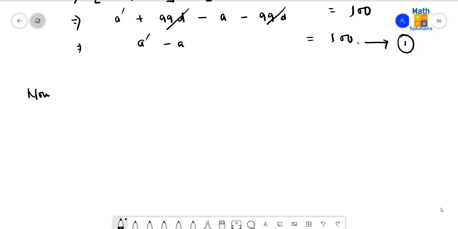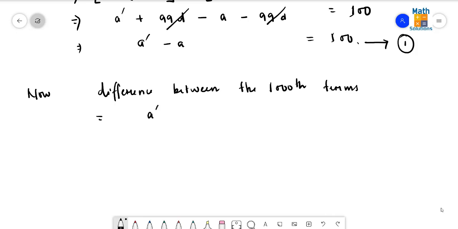Now, the difference between their 1000th terms, how can we write it? a dash 1000 minus a 1000.